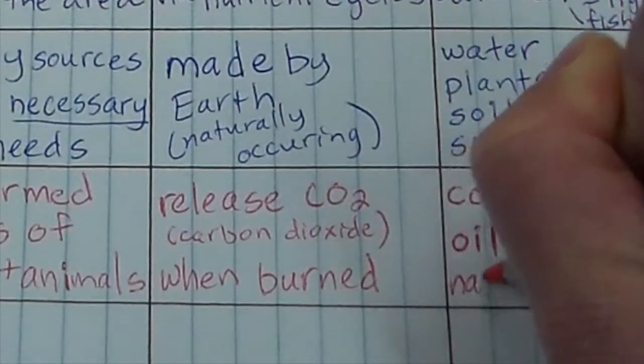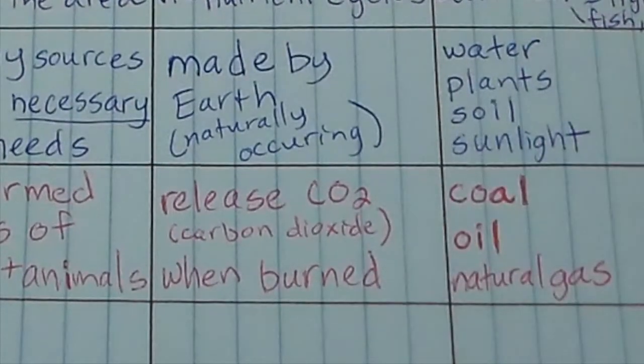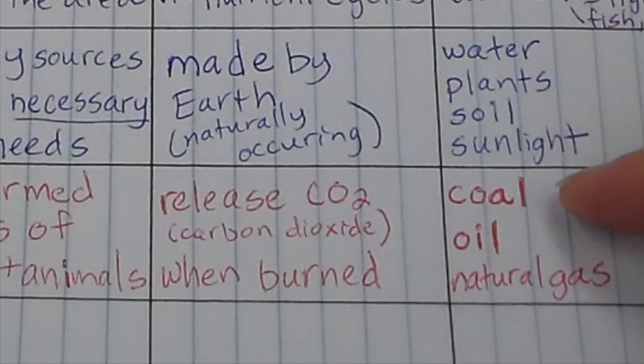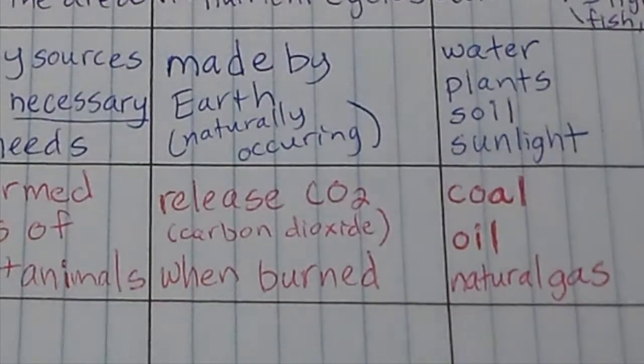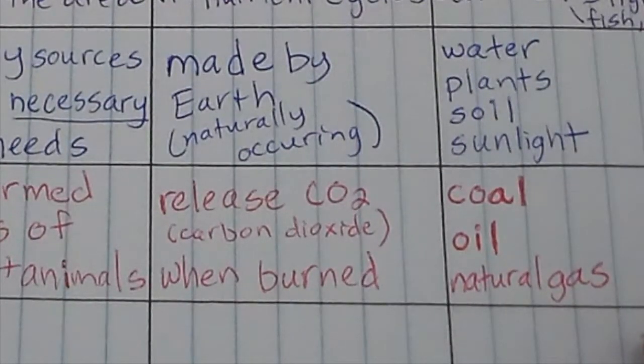And we have what's called natural gas. So not the gasoline you buy at the gas station. Natural gas is a gas, right? It's not a liquid. So basically, coal is a solid fossil fuel, oil is a liquid fossil fuel, and natural gas is obviously a gas. And these 3 run our society.